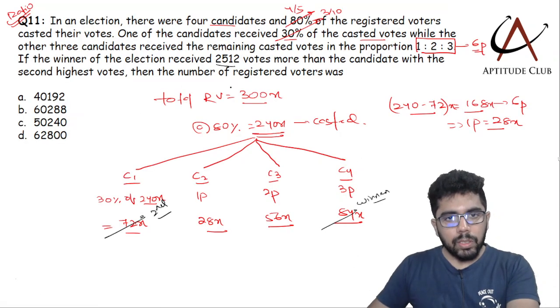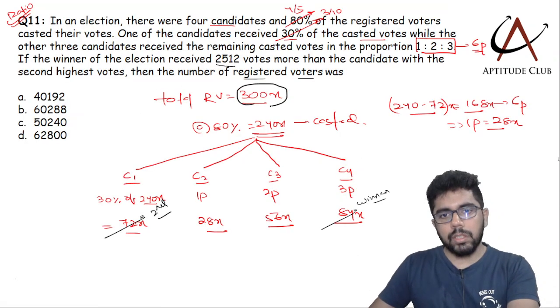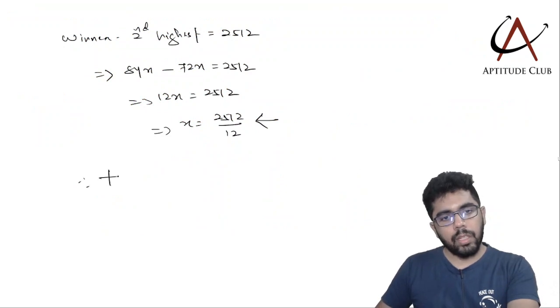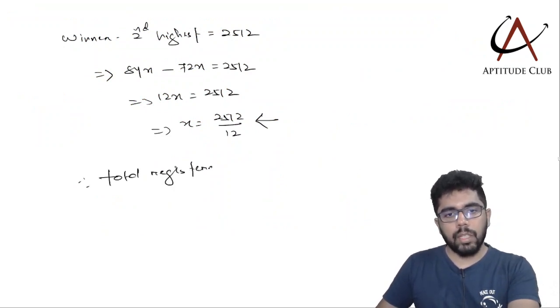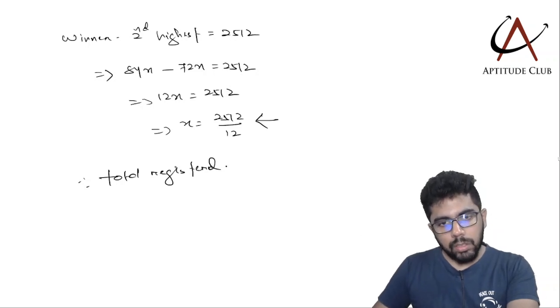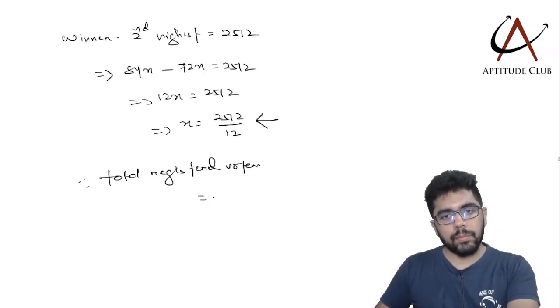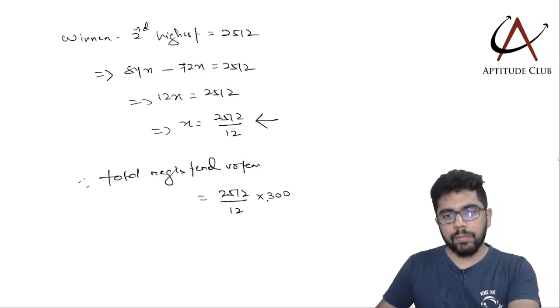And we have to calculate the number of registered voters. How much is 300x? And total registered voters is 2512 divided by 12 into 300. So this is like 25.